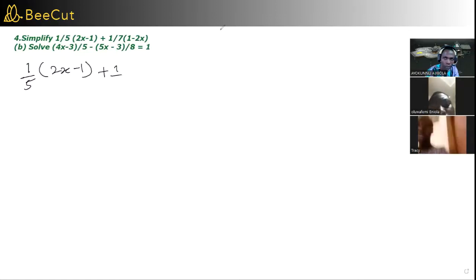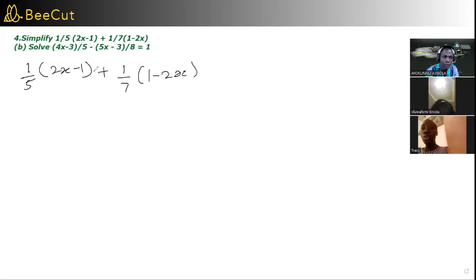Simplify 1 over 5 into 2x minus 1, plus 1 over 7 into 1 minus 2x, to simplify this.